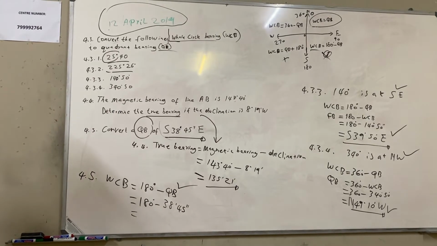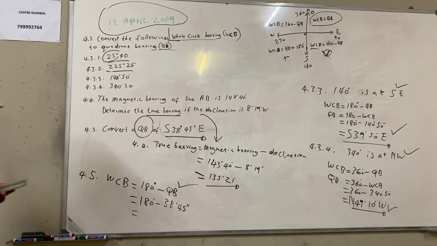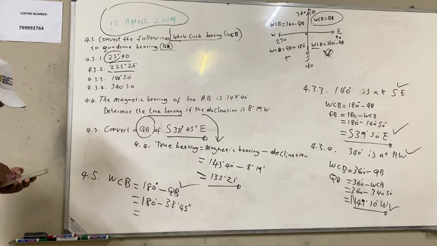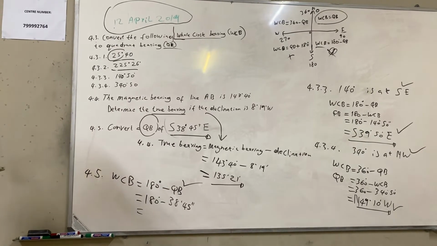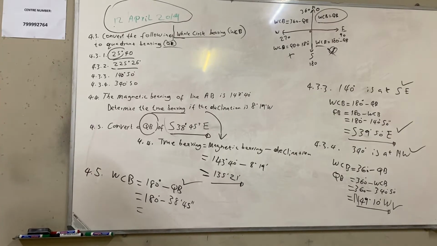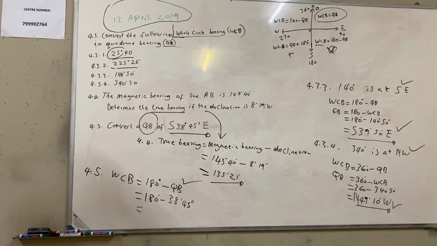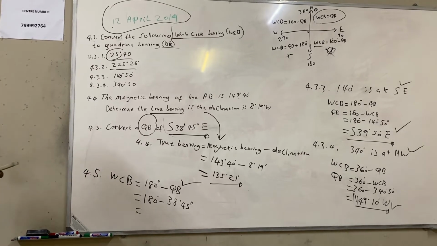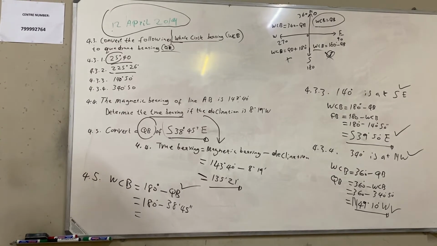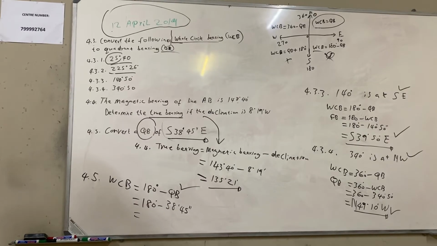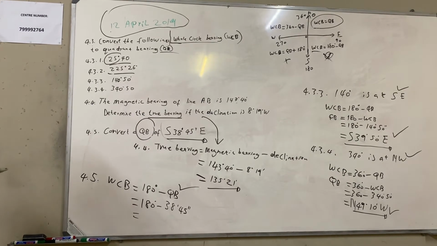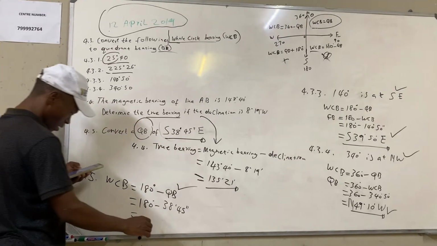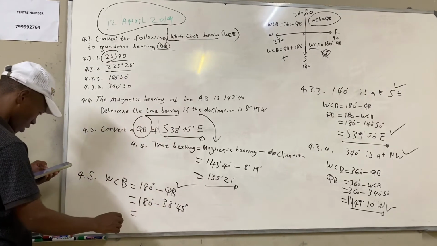So you punch the calculator very well. So 180 degrees subtract 88 degrees 45 minutes. So the answer is going to be what? When you punch this in order, you are going to get the answer.